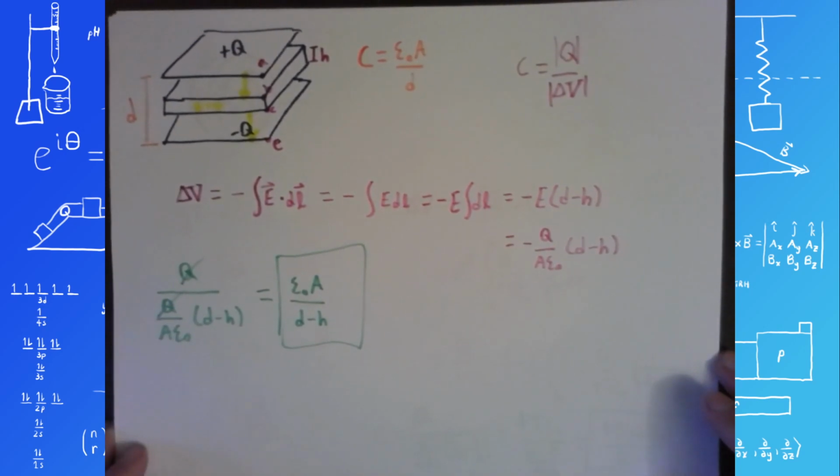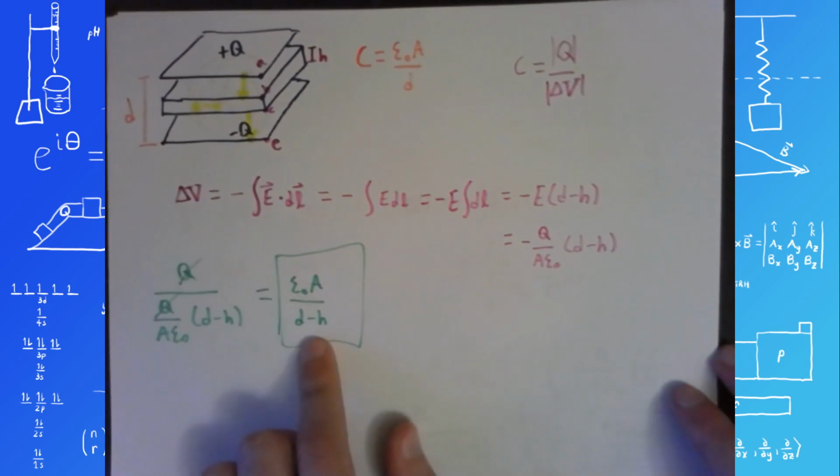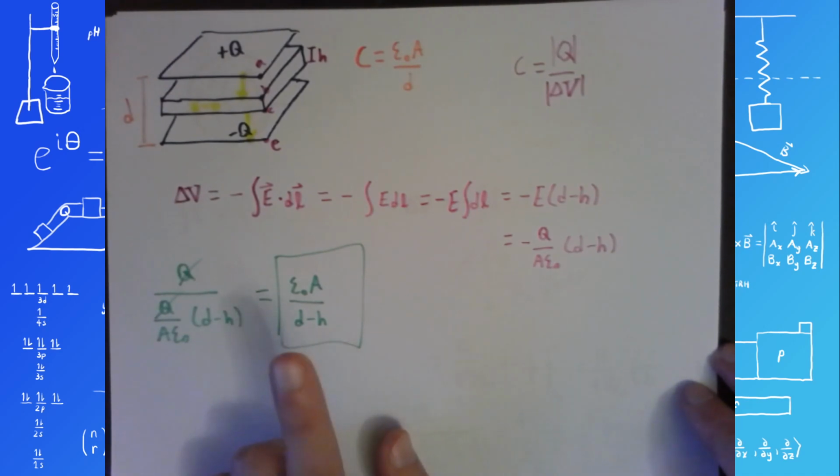Wait, reduce? No, actually will increase their capacitance by essentially reducing the change in potential, and that reduction in the change in potential is proportional to the reduction of the distance between the two plates.